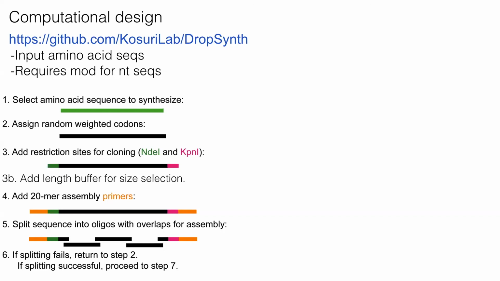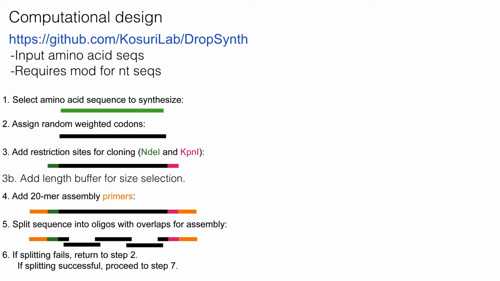There is a step built into the script which adds a random buffer in such a way that it'll make your size selection step easier. You can imagine if you're synthesizing a library with a relatively large length distribution, it can be a little bit problematic to take out a big piece of your gel and size select on that.